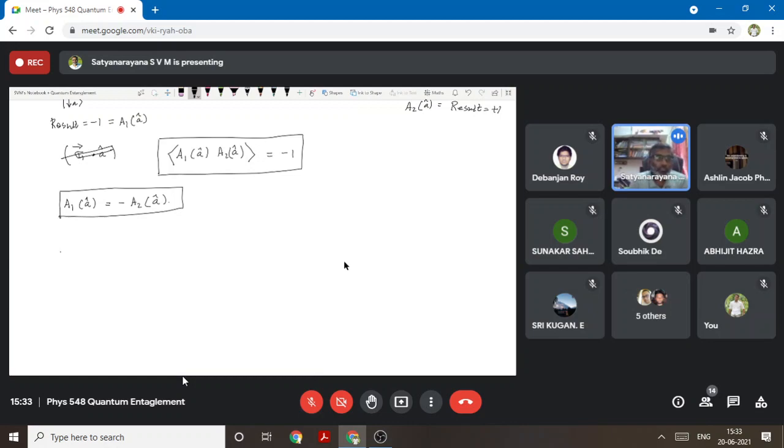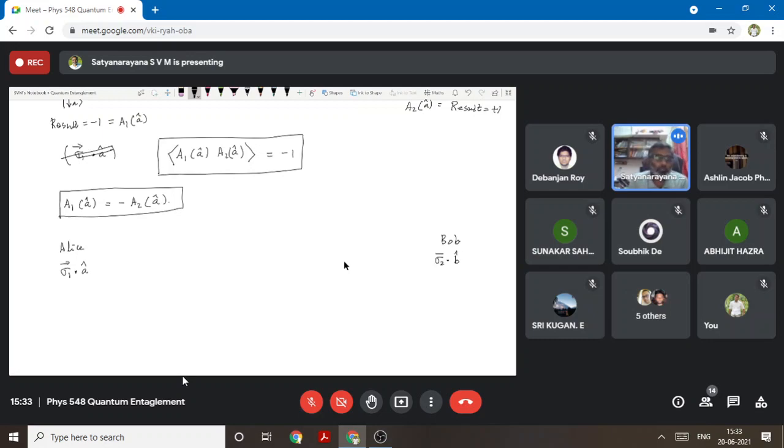The next scenario, let's say that we have Alice and Bob, and Alice chooses to measure sigma 1 dot a cap, and Bob chooses to measure sigma 2 dot b cap, and a and b are different. So in that case, what will happen to the correlation?